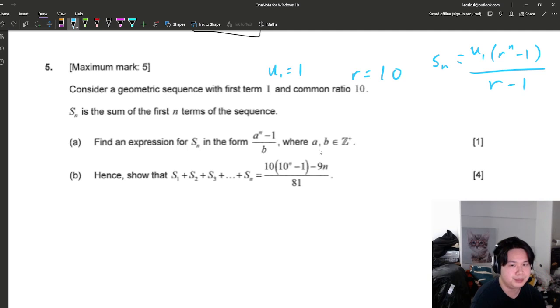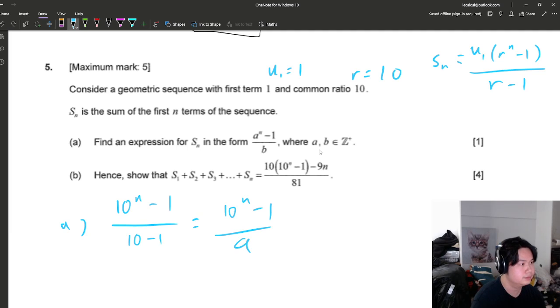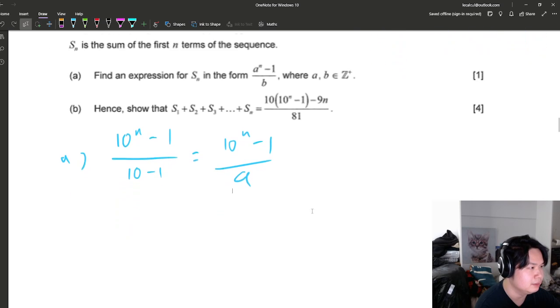So we're just going to put in our values as we see it. Plug these into the formula and then you get this. And then a and b are just integers, so this is fine. This is probably what they want.